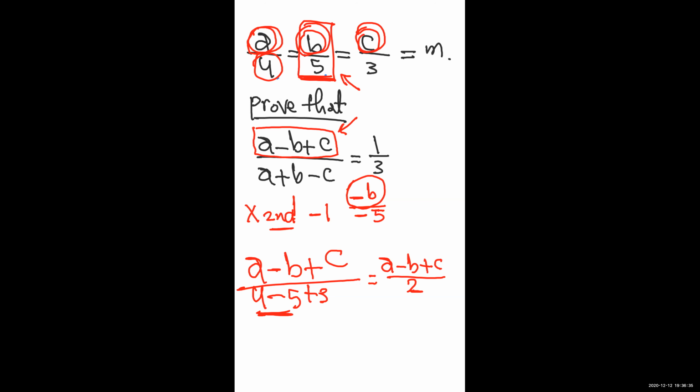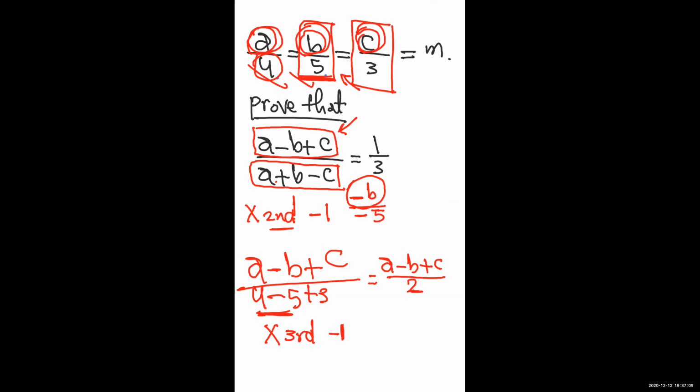Then what will be the next step? I'm going to check the second term of this ratio, which is A plus B minus C. Now A and B are positive like in the original ratio, but C becomes negative, so multiply the third by -1. Then add the antecedents and the consequents.